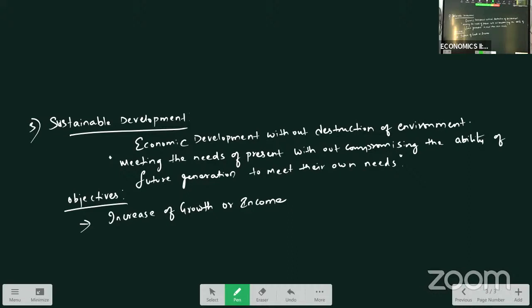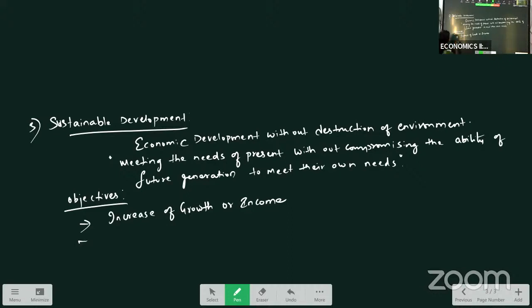Health, education, participation in public life, clean environment, and promotion of equity for future generations are included in improving standards of living. Whatever facilities we are getting in the present generation, we should make available for our future generation also. The education, the health, the environment, the resources, whatever we are getting now, the same should be available for our future generations also. With that objective, sustainable development is there.